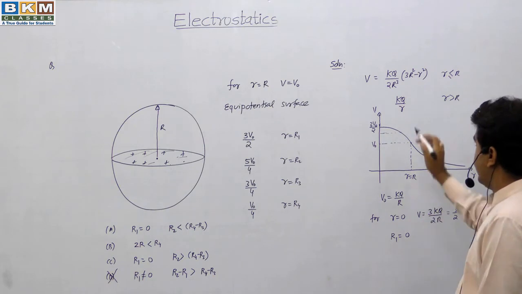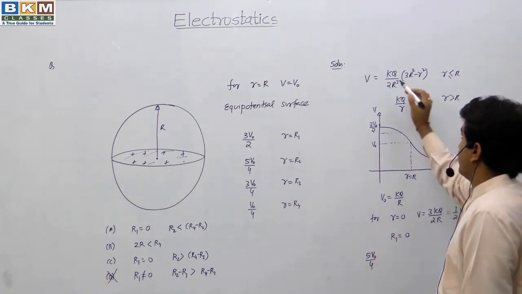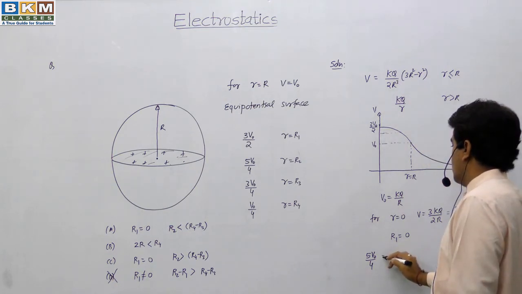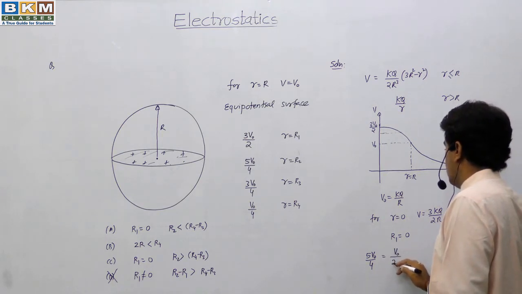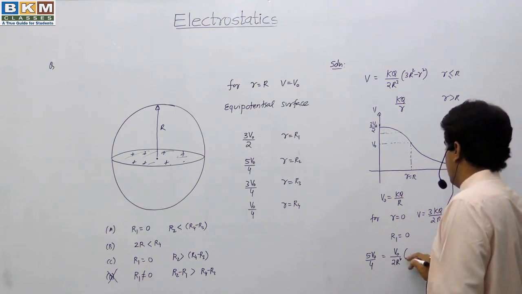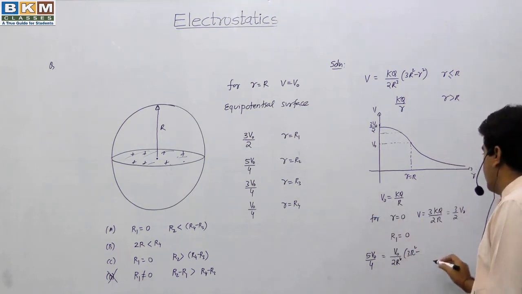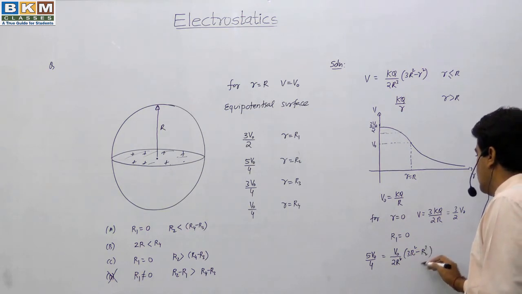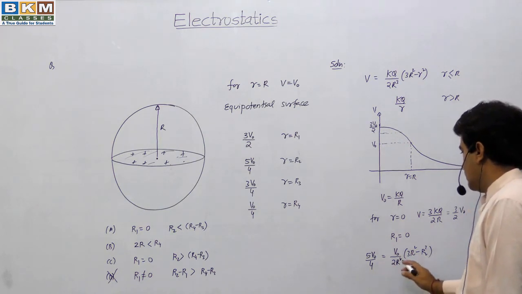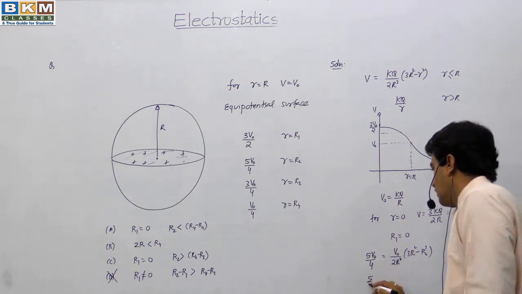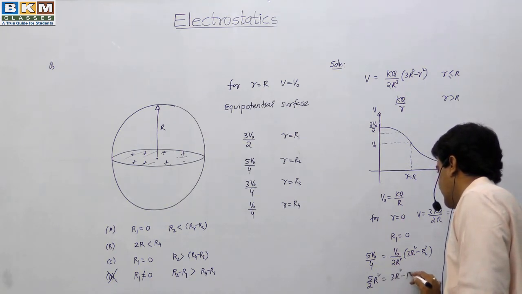So we should equate this 5V0 by 4 with the inside formula, with kq by R as V0. We can write it as V0 by 2R square times (3R square minus r2 square), with r as r2. Here V0 gets cancelled, so it becomes 5 by 2 R square is equal to 3R square minus r2 square.